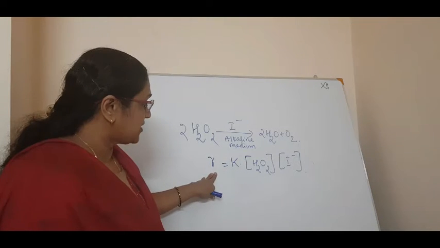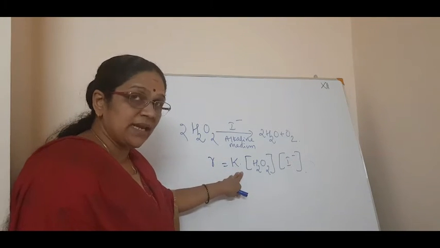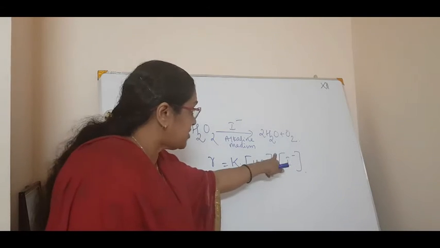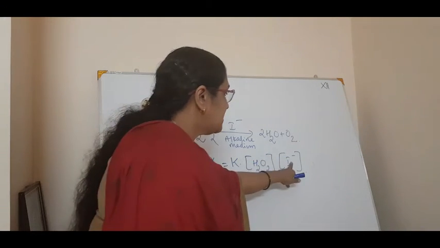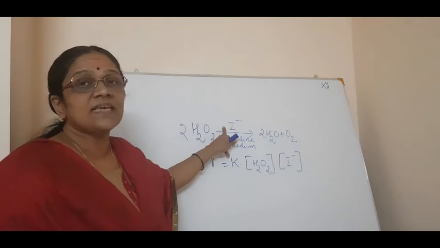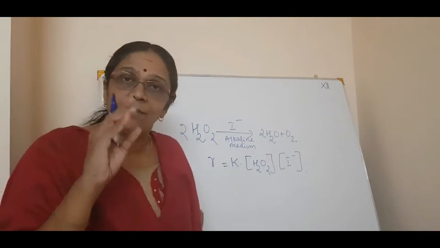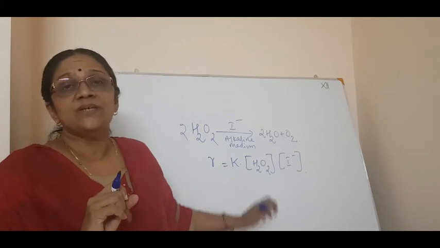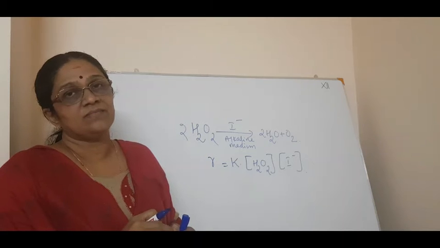The rate of reaction equals K, the rate constant, into H2O2, that is hydrogen peroxide concentration to the power 1, and the concentration of I minus. This I minus is a catalyst. That means in some reactions, the concentration of catalyst also comes into the rate of a reaction.